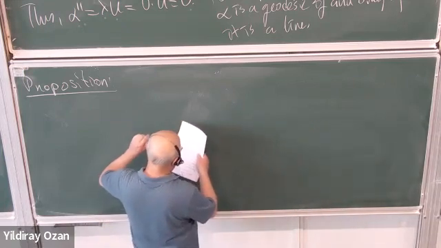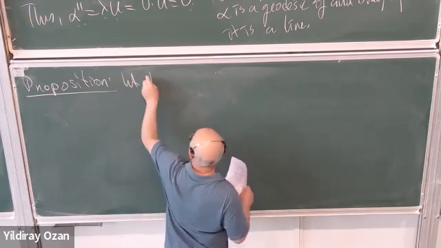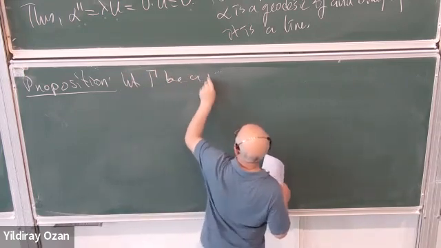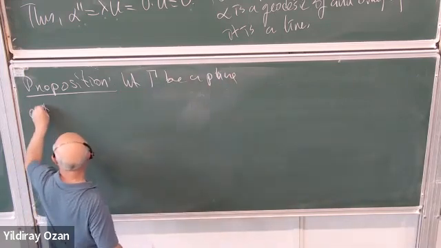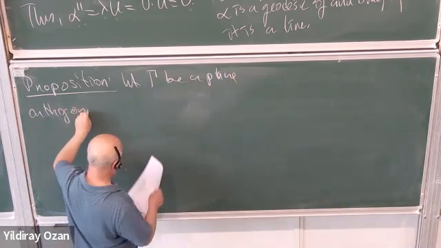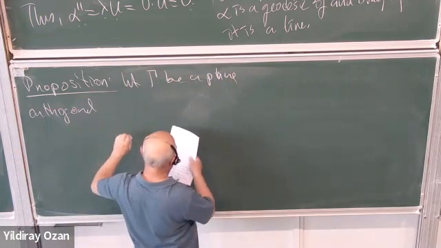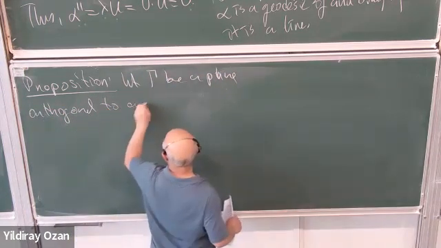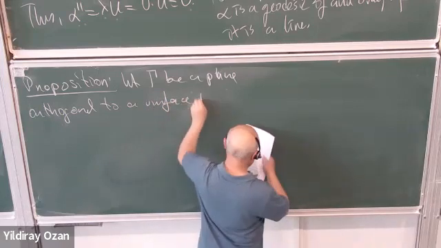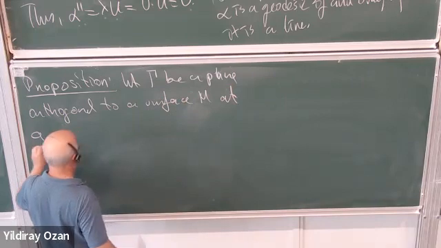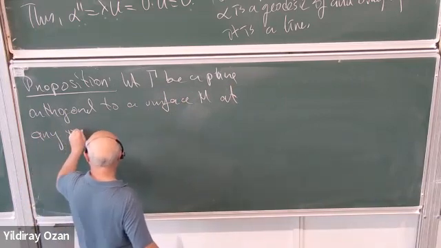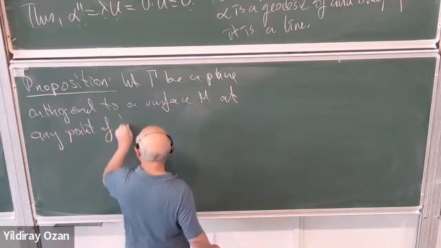All right, now let gamma be a plane orthogonal to a surface at any point of intersection.